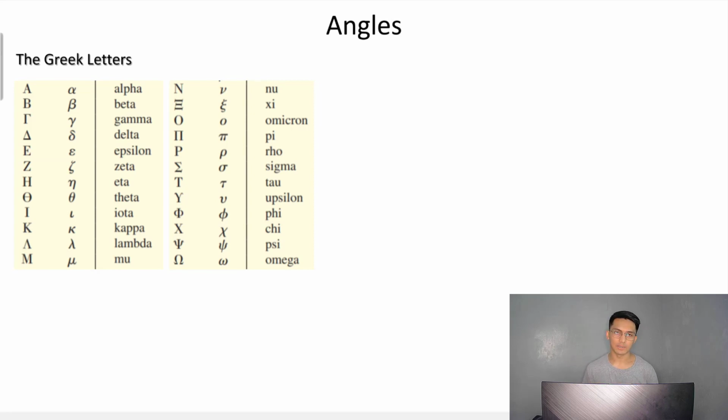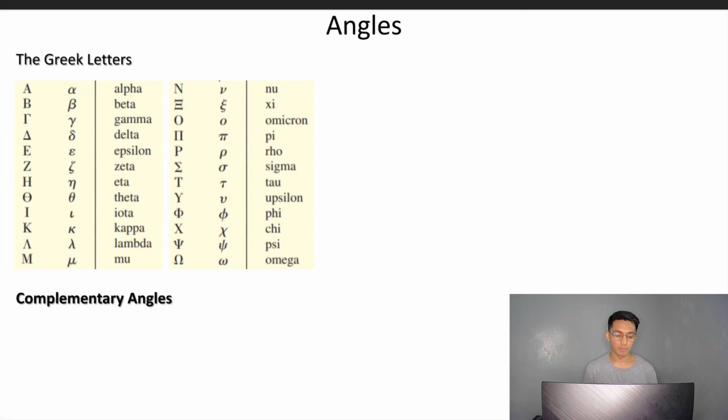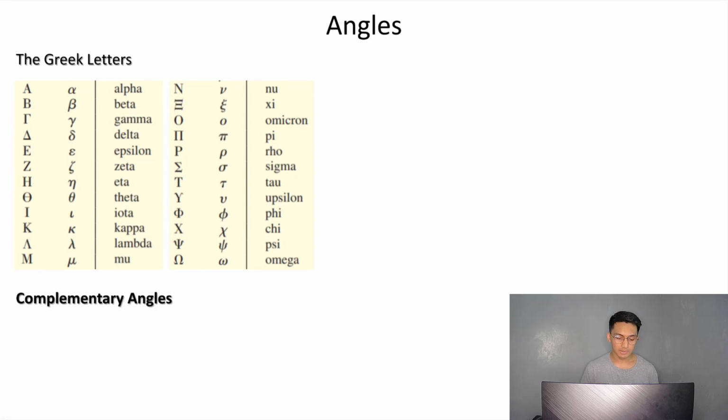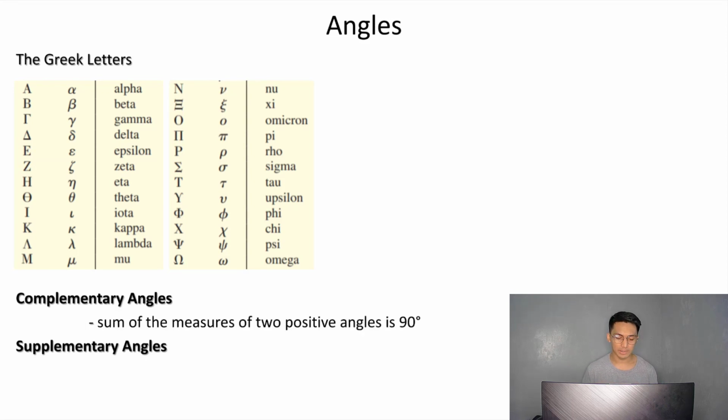In angles, meron tayong tinatawag na complementary angles and the supplementary angles. So, ano ba yung definition at difference ng dalawa na yan? Complementary angles, the sum of the measures of two positive angles is 90 degrees. Kapag yung dalawang angle, pag yung measurement nila, pag pinag-add mo, and the sum is 90 degrees, ibig sabihin, those two angles complement each other.